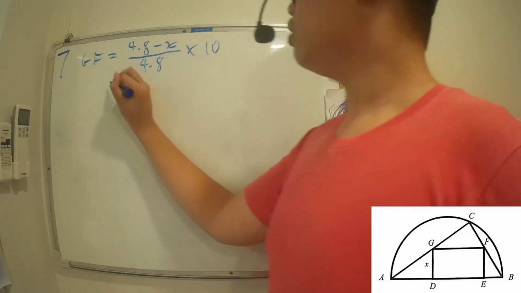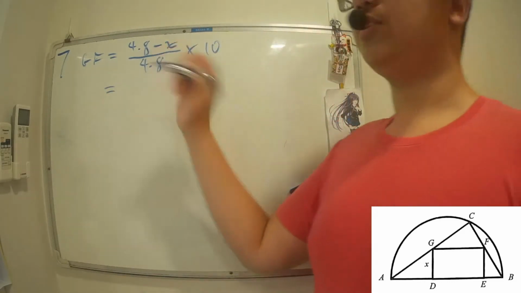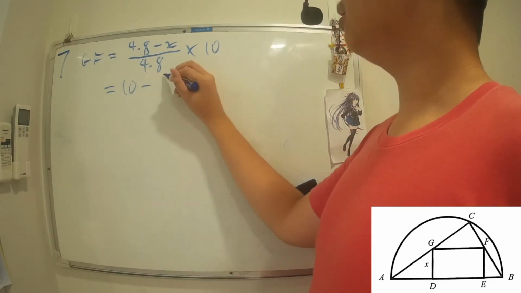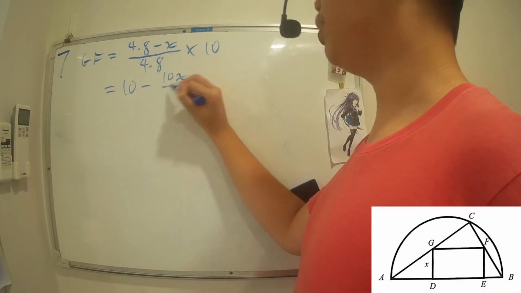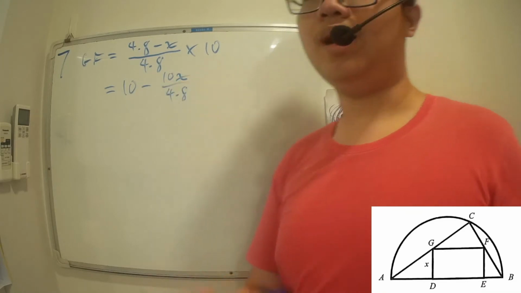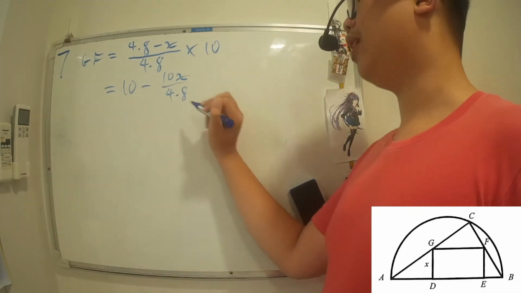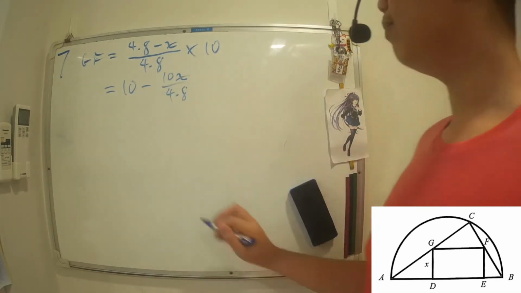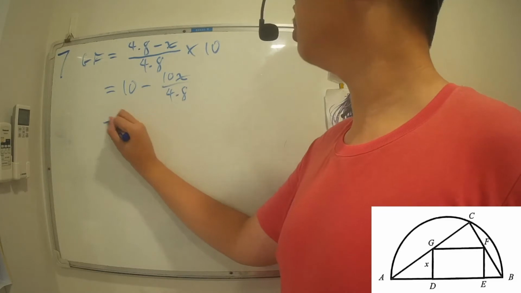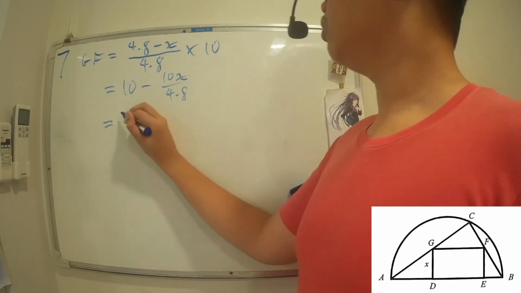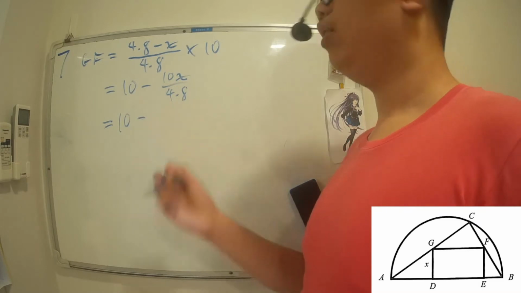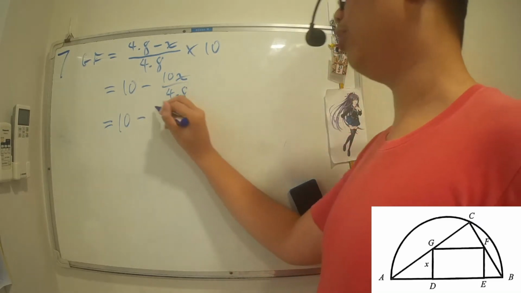This becomes 10 minus 10x all over 4.8. How do we simplify this? If I times 5, then this is 50 over 24, and of course 50 over 24 simplifies to 25 over 12.